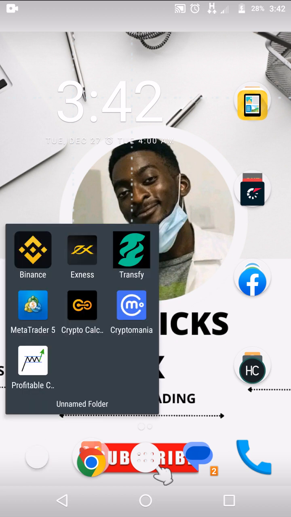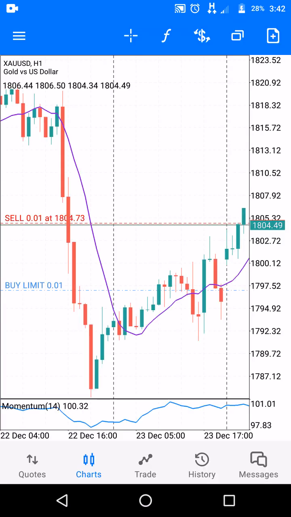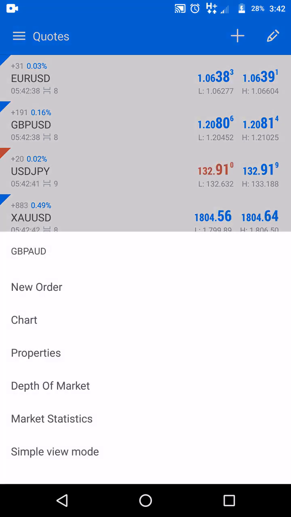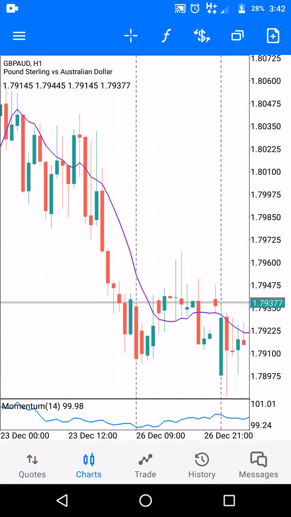Okay, so when we open our MetaTrader trading platform, let's say for instance with this particular market, maybe you want to buy or sell, but there are some explanations I have to give you first.